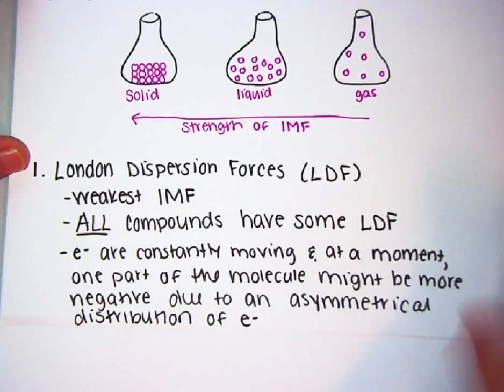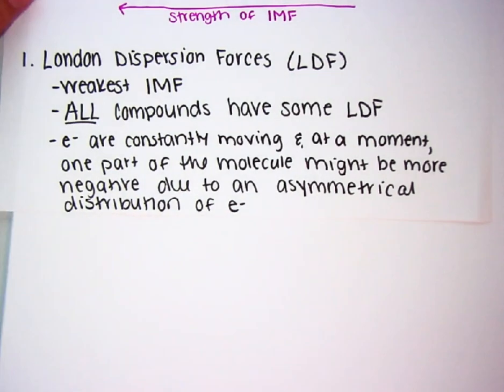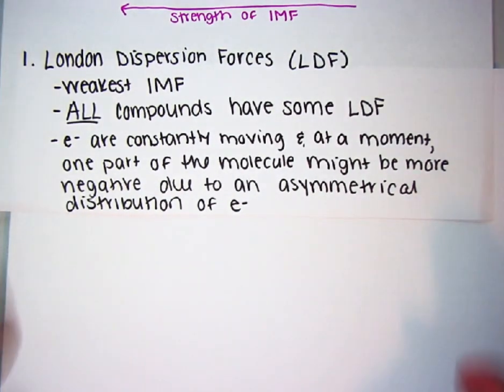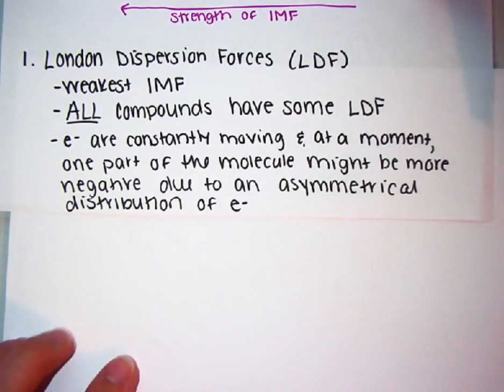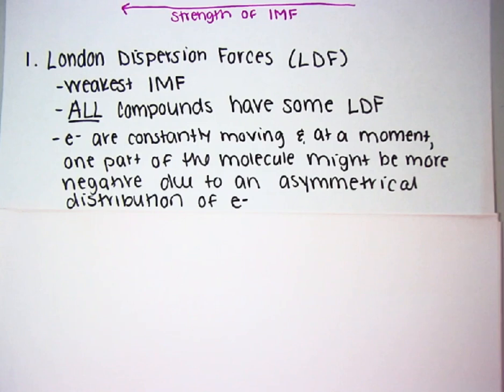So we know that electrons are constantly moving within the electron cloud. And then let's say at a moment in time, part of that molecule becomes more negative because of the distribution of electrons.